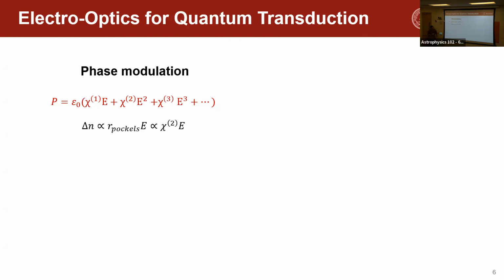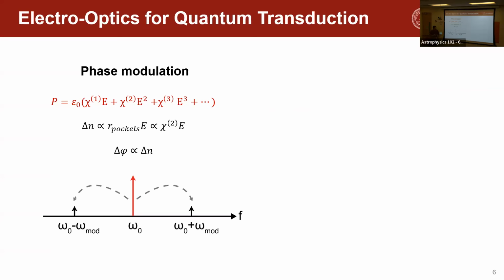So if you have an optical beam that propagates through a material that has this electro-optic tunability, and you change your refractive index n, you'll get a change in the phase of the optical beam. And if instead of a DC change in the refractive index, you now apply a modulation frequency omega to that change, the beam propagating through an electro-optic material will pick up sidebands at plus or minus that modulation frequency of your electric field.